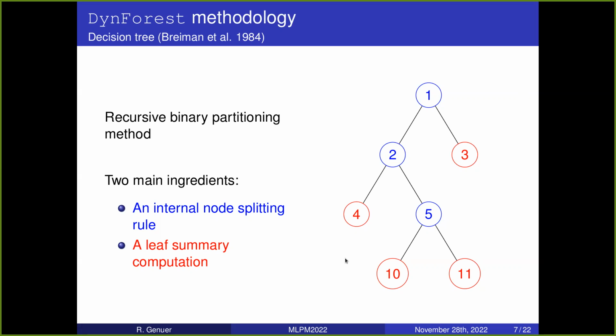What you will also need is a way to summarize the information for all individuals who belong to a given node here, which is called a leaf. So a leaf is a terminal node with no children. And again, your leaf summary will be associated with your prediction problem.